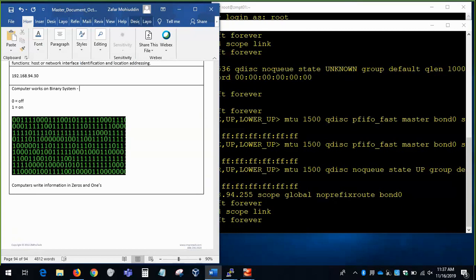Two. Exactly. It has only two numbers. So this is why it's called a base 2 system.